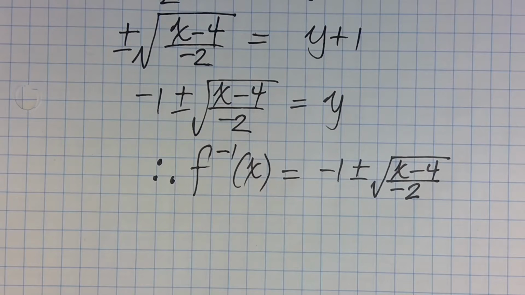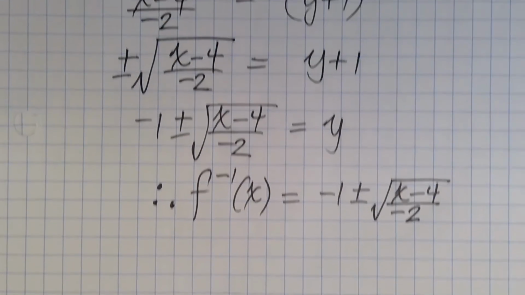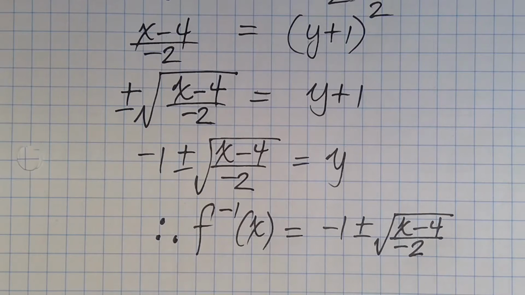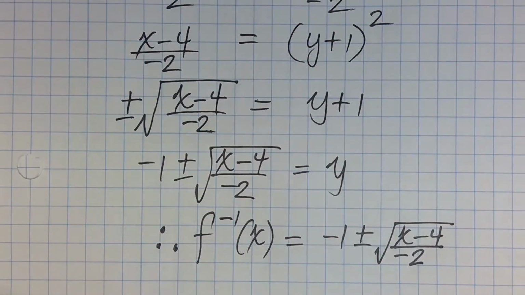So it looks like horizontal compression by 2, a reflection, and then I'm going to plot this. Any questions on this before I move to actually plotting the function? Okay.